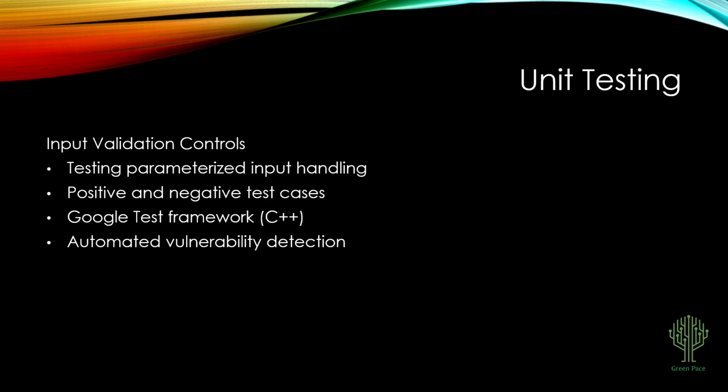Using a unit test framework like Google Test and C++, I created both positive and negative test cases to make sure valid input is accepted and unsafe input is properly rejected. The goal is to catch weaknesses early in the development rather than discovering them after the application is already deployed.